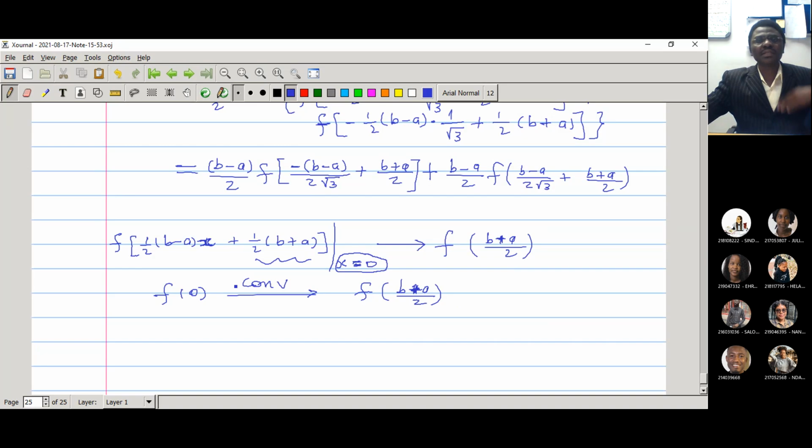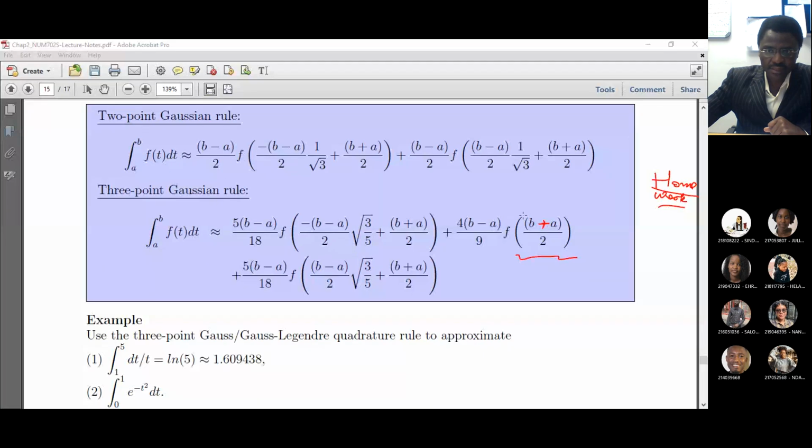So that's what I was saying, that in the notes, if you go back to the note, this should be plus this one. You see the arrow, this one.